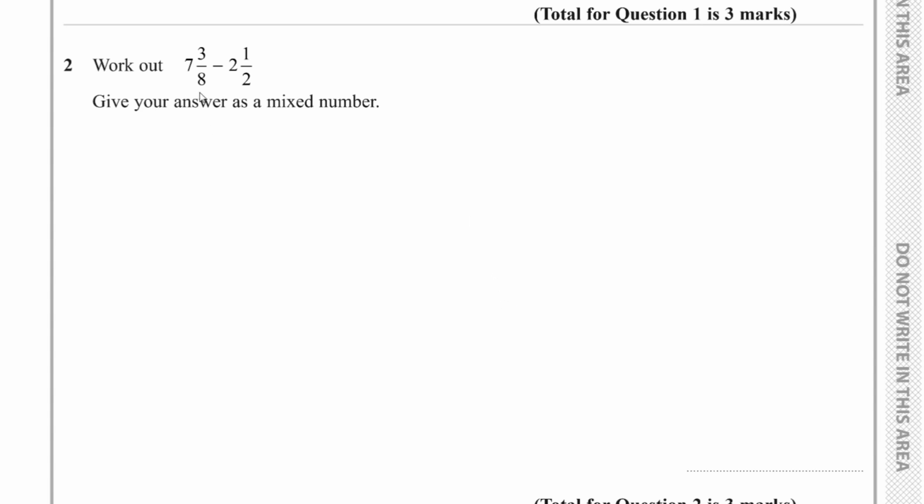Question number 2. We have to work out 7 3/8 subtract 2 1/2. Give your answer as a mixed number. Well, first of all, we can convert these mixed numbers into top-heavy fractions. For the 7 3/8, we begin with the 7, we then multiply by 8, we then add the 3, and then we divide this entire thing by 8.